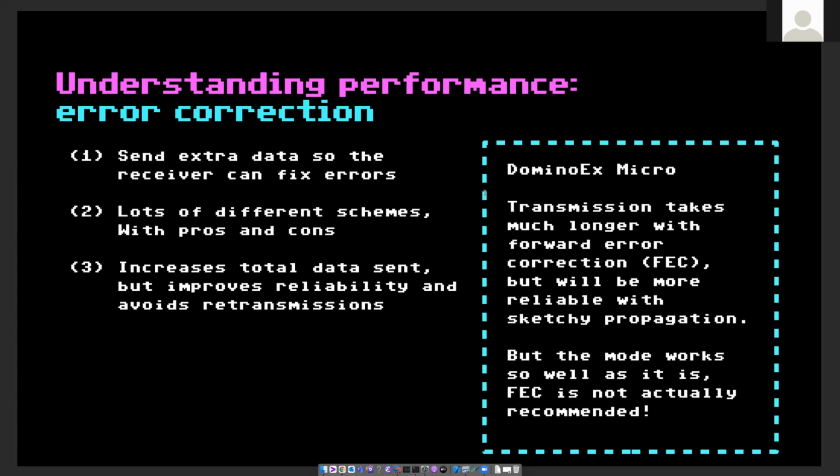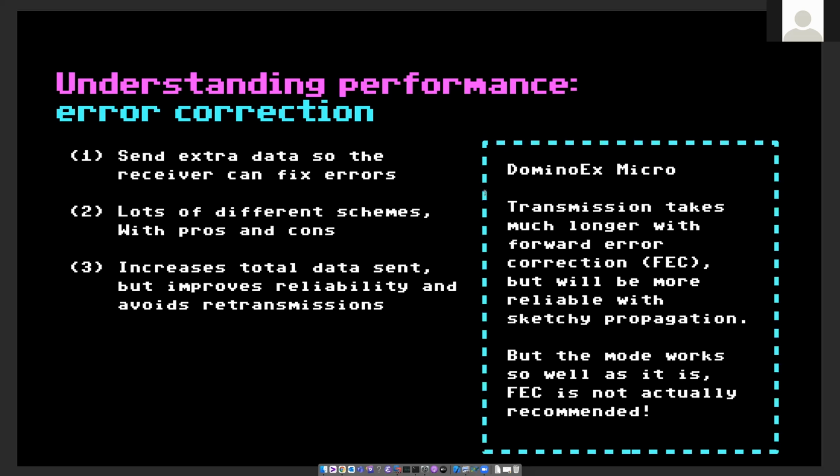We add extra information that helps the recipient repair errors in reception and make sure that they get the right message. So forward error correction in a digital mode is the same thing, just with a little bit more mathematical rigor. And some forward error correction schemes actually make it so that you either get a perfect message or no message at all. And then some other ones, you might get some corruption in the message, but still get a whole bunch of it.